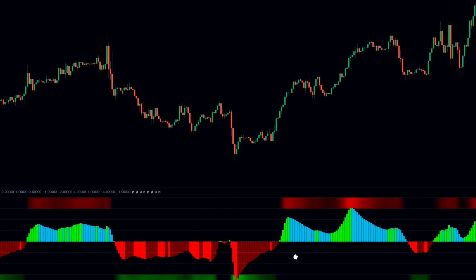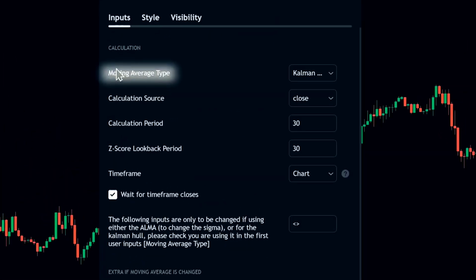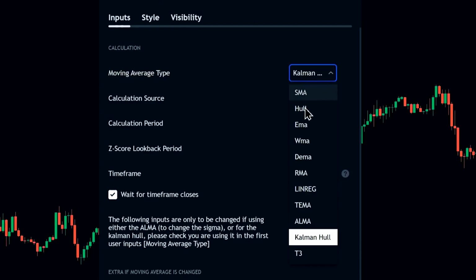Let's explore its components. In the Input tab, you'll see a drop-down labeled Moving Average Type. This lets you choose from 11 different moving average types: Simple Moving Average, Hull Moving Average, Exponential Moving Average, Weighted Moving Average, Double Exponential Moving Average, Running Moving Average, Linear Regression Curve, Triple Exponential Moving Average, Arnaud-Legoux Moving Average, Kalman-Hull Moving Average, and T3 Moving Average.